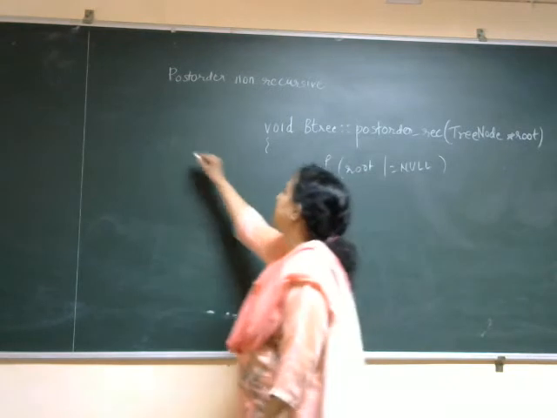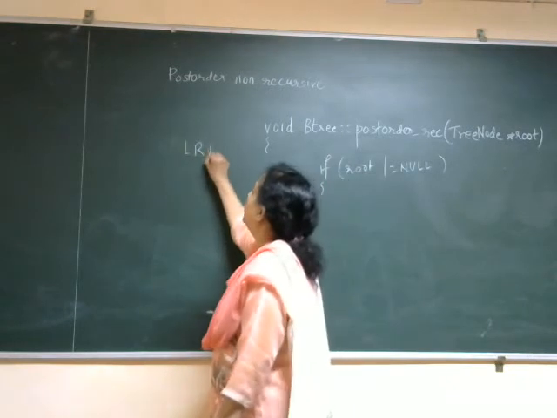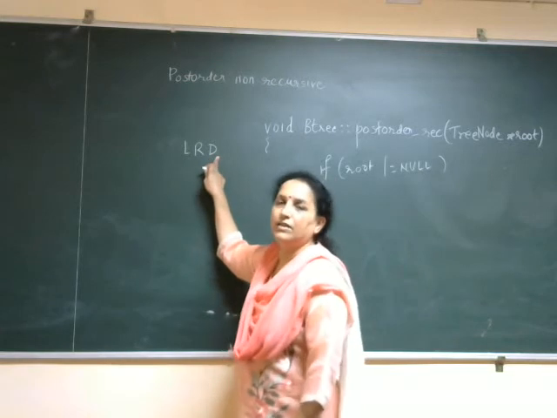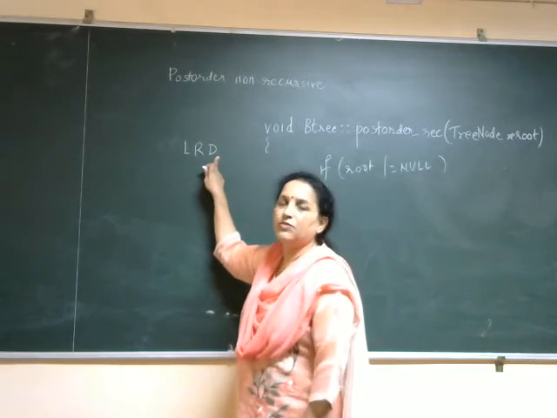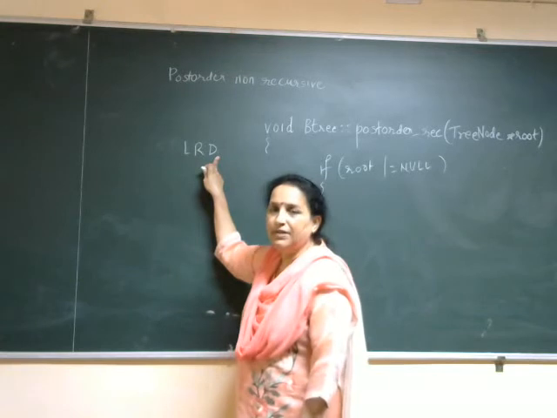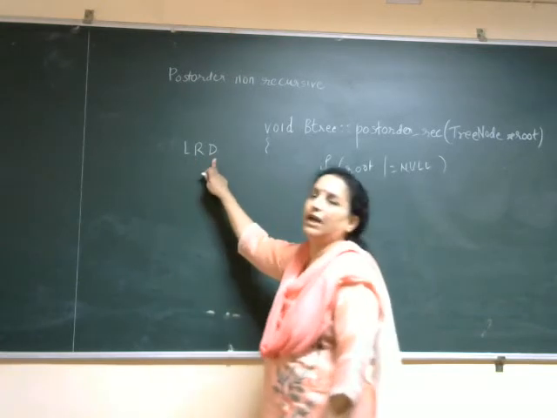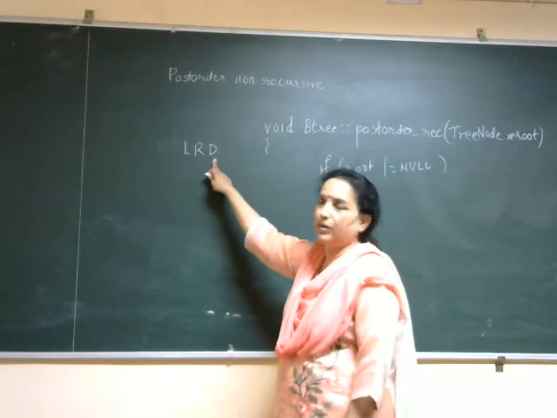Now what is post-order traversal? That is L, R and D, meaning left, right and then root. First we have to go to left, then we have to go to right and then we have to display the data.